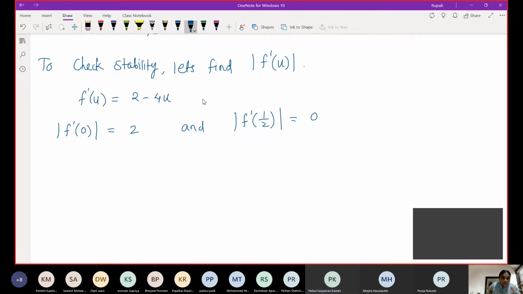So 2 is strictly greater than 1 and 0 is strictly less than 1, right? So this implies 0 is unstable, and half is asymptotically stable.